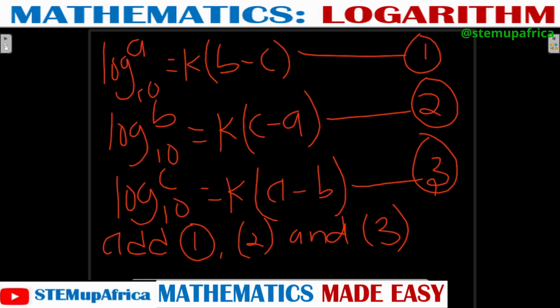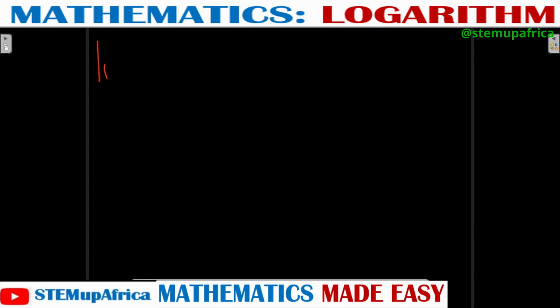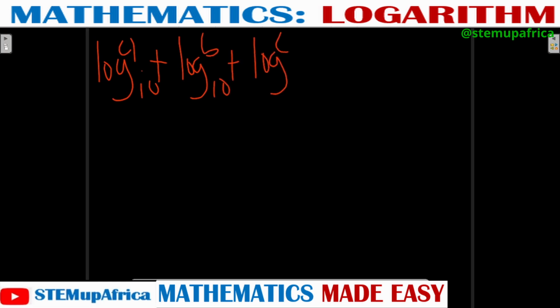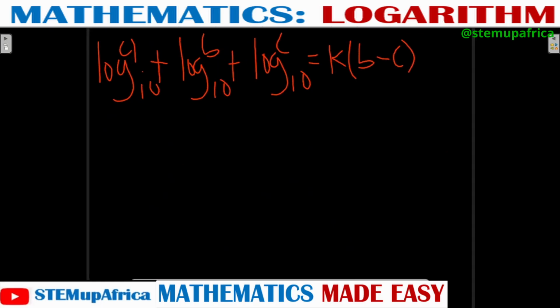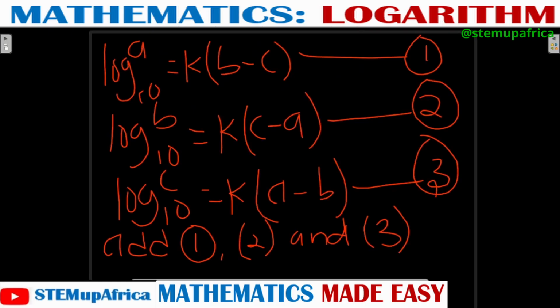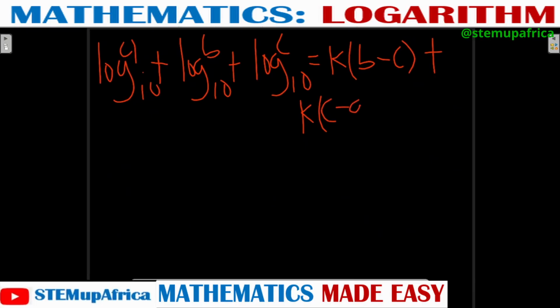If we add them, what are we having? We are going to have log a in base 10 plus log b in base 10 plus log c in base 10 is equal to k brackets b minus c, plus k brackets c minus a, plus last one k brackets a minus b.